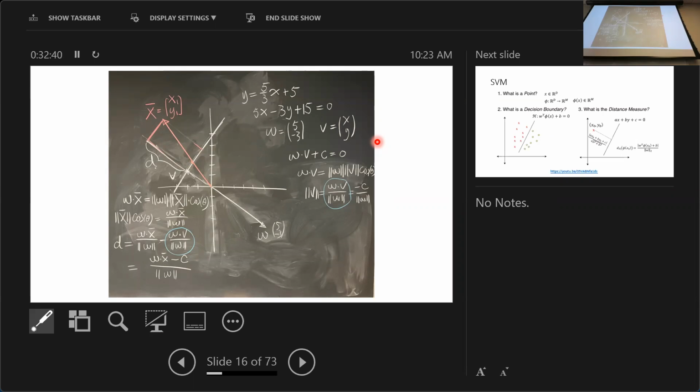The W and C define the line, and X is the data, and the B is in this form. Very easy to compute. That's why we can very quickly compute a lot of data points to find which one is close to this separation line. From this group, which is close to this separation line. We need a way to compute very quickly. The very quick way is the dot product. Okay.